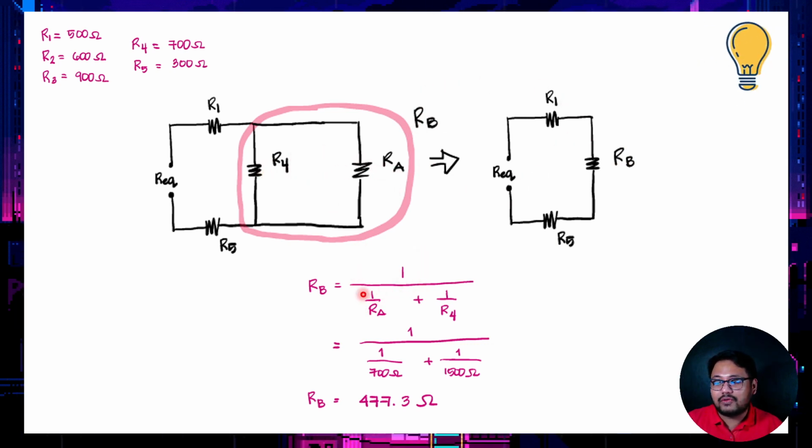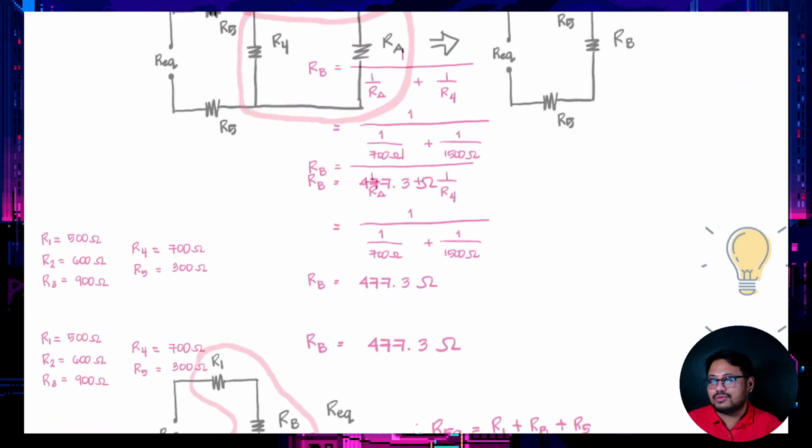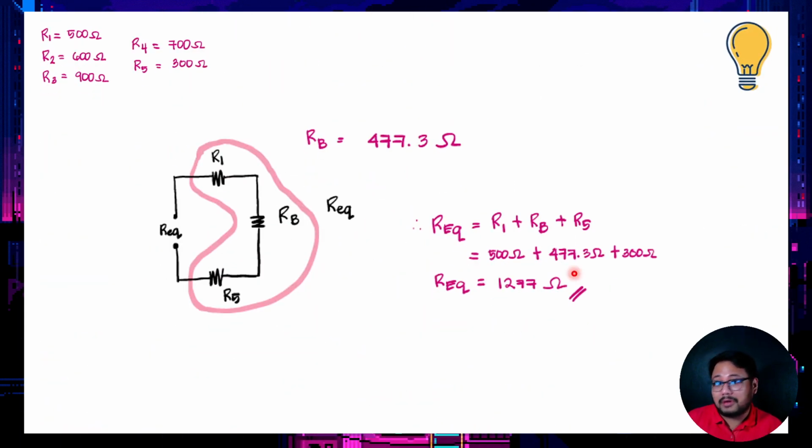This is just 1 over (1 over RA plus 1 over R4), giving us RB equal to 477.3 ohms. And lastly, we now have this much simpler circuit wherein R1, RB, and R5 are just connected in series. So we could have that as our REQ now. REQ is just equal to R1 plus RB plus R5, so that is 1277 ohms. This is now our equivalent resistance.